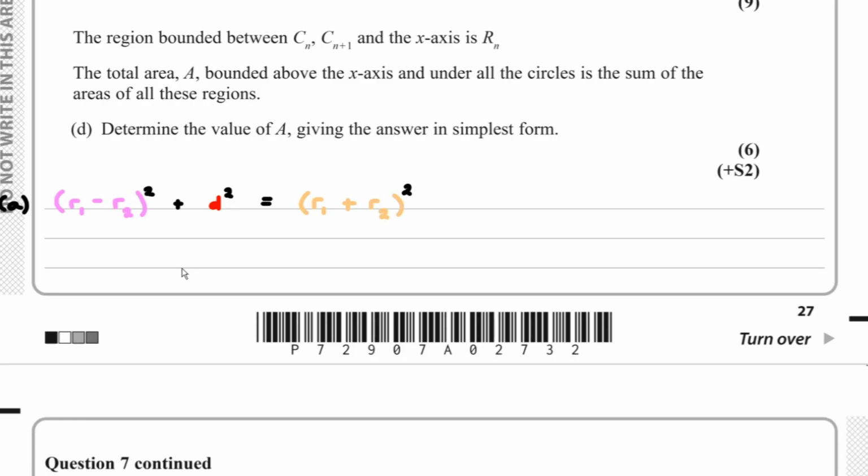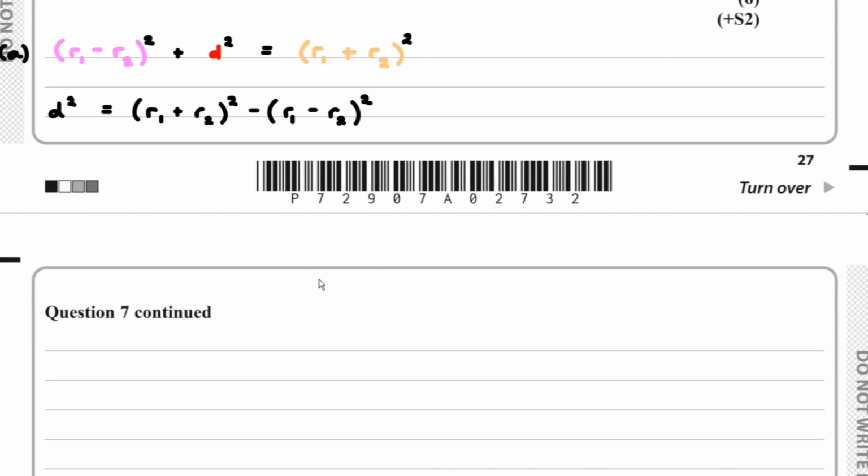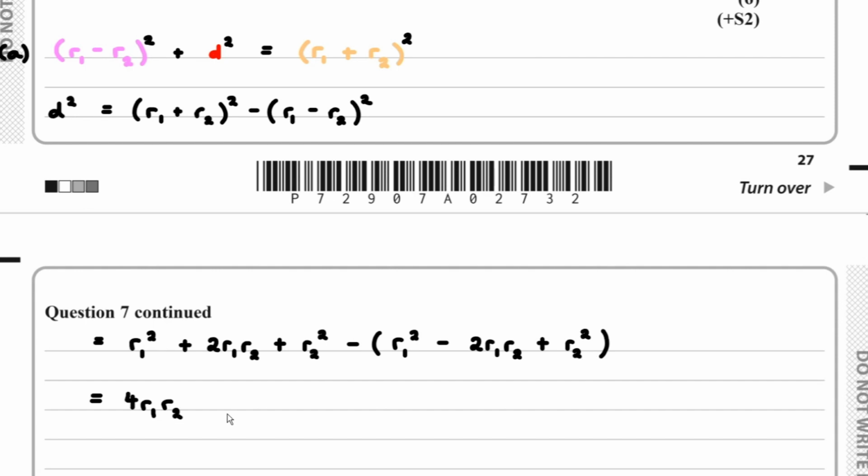And if we rearrange, you will see that d squared equals r1 plus r2 all squared take away r1 take away r2 squared. So if we expand the brackets, we'd have r1 squared plus 2r1 r2 plus r2 squared. And then we subtract from this, r1 squared take away 2r1 r2 plus r2 squared, which gives us 4r1 r2.